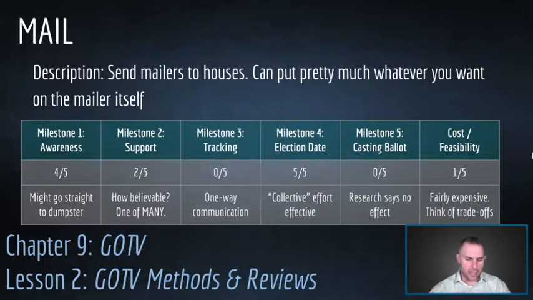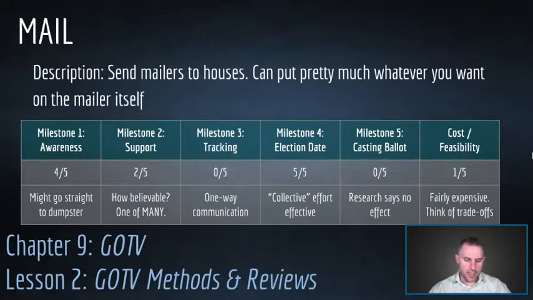I've given this a 4 out of 5. The piece of mail might go straight into the dumpster. But in general, you can get your face and your name and the office you're running for, and maybe a tiny keyword or sentence fragment about your campaign message, in front of most people. So 4 out of 5 there on awareness.